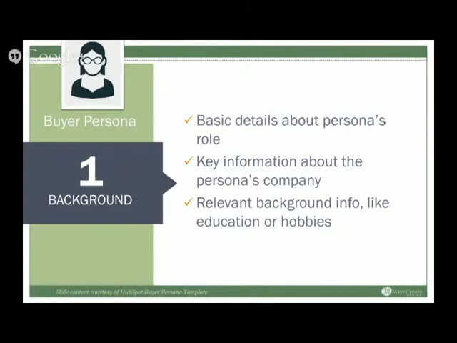Are they a runner? Are they having a major life change? What is going on there? Like, what about their role? If you're working with companies, then think about that company again. Is it a mature company or a young company? And then if there are education requirements or hobbies, you can also write those down.